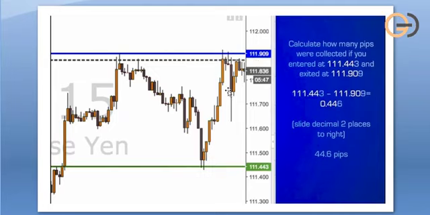So when we're evaluating to get the number of pip movement, we use 2 decimal places to the right. When the chart is like this, you look at the entry point, you look at the exit point, you subtract, and then you move your decimal places 2 places. That is where you get your pip movement, the SI unit of price, how price has moved so far.